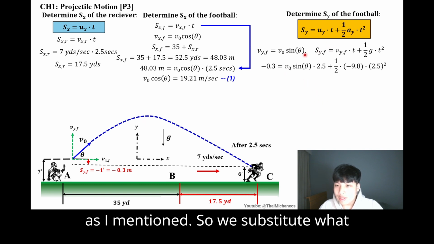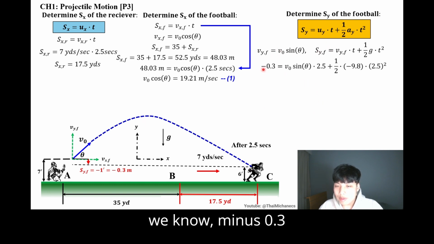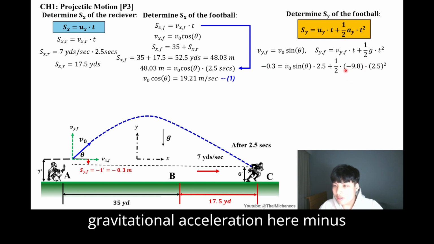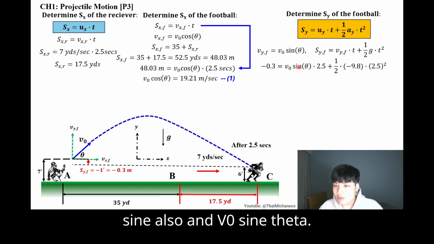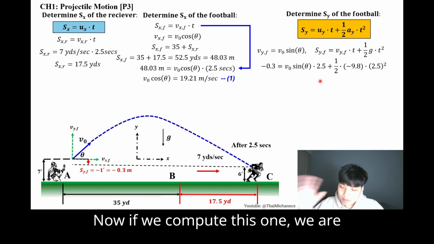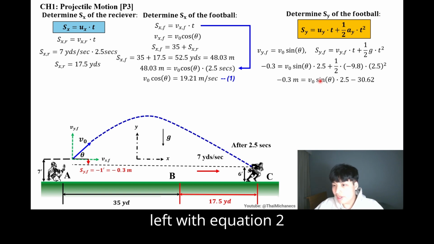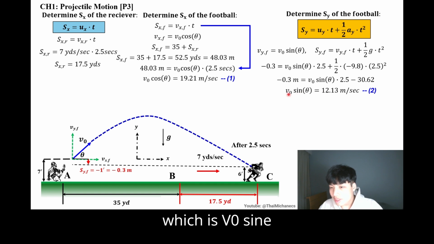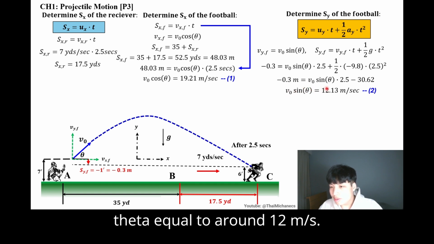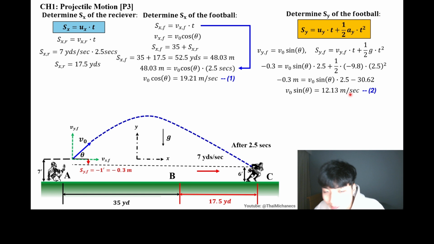So we substitute what we know: minus 0.3 as the distance, gravitational acceleration minus g also, and v0 sine theta. If we compute this, we are left with equation 2, which is v0 sine theta equal to around 12 meters per second.